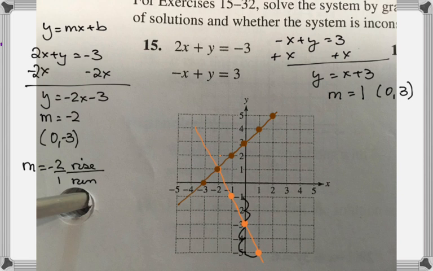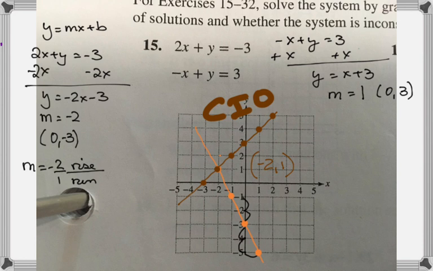What is the point of intersection here? Negative 2, 1. Yep. And what kind of system do we have here? Quickly you forget. This would be a consistent, independent system. What's inconsistent?